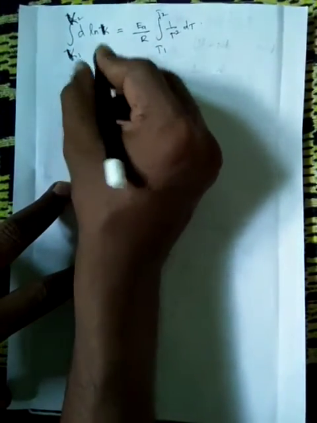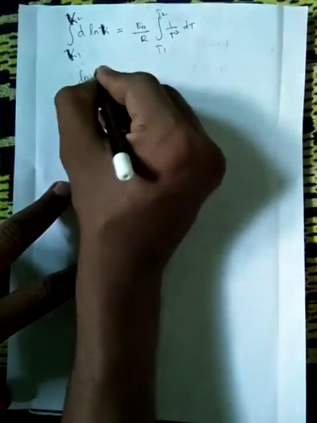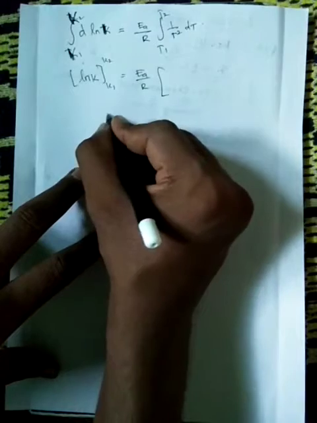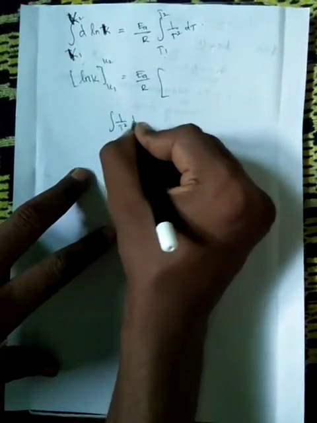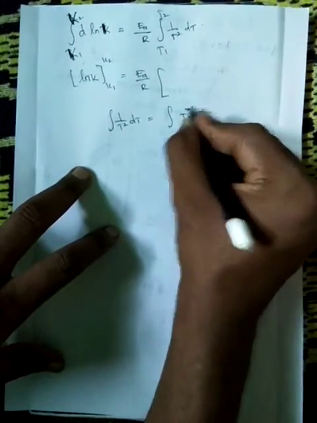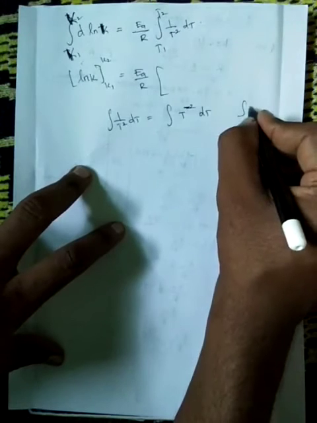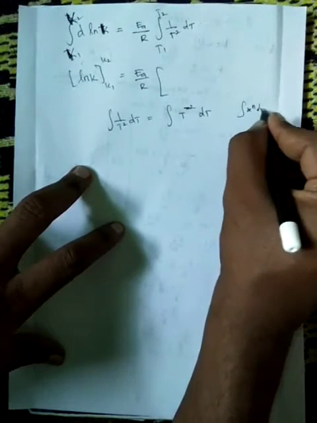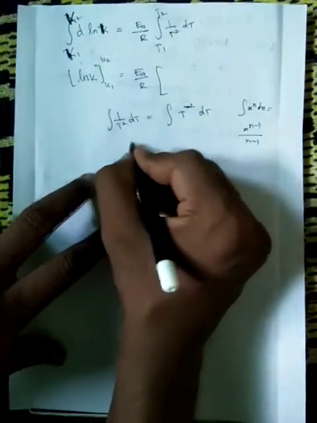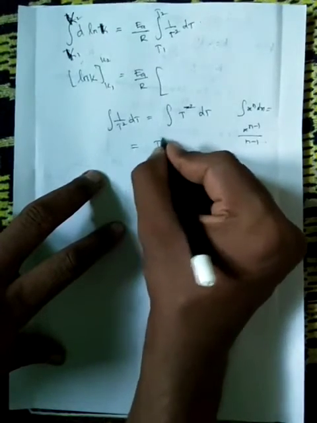Just integrate. This is logarithm K between K1 and K2. This is EA by R. We integrate 1 by T square dT, which is T power minus 2 dT. Integration of x power n dx equals x power n plus 1 by n plus 1.